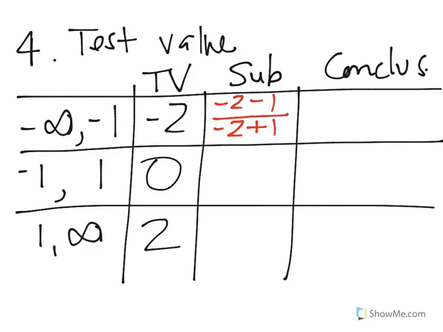Because it will come out to negative 3 over negative 1, positive, so it will just be a 3. I'm going to erase this line right here to make this a bit wider.